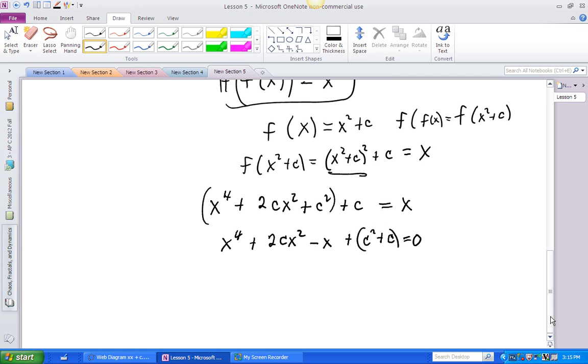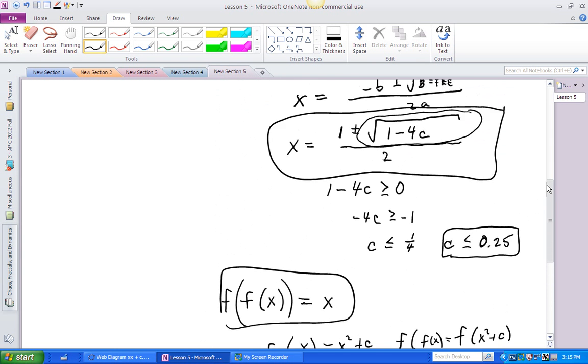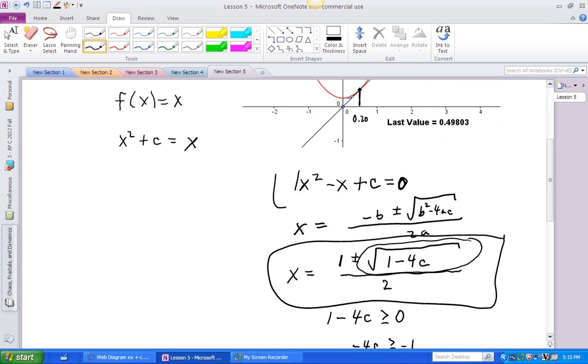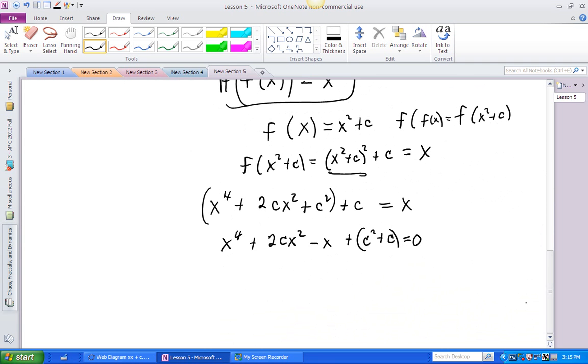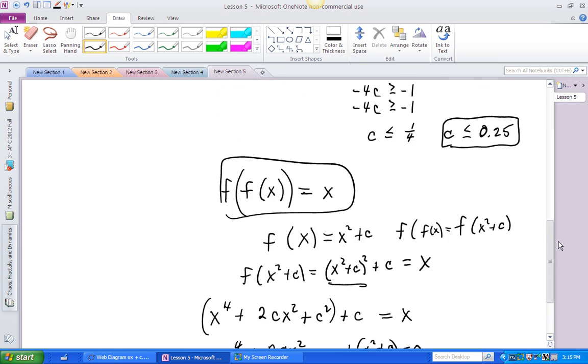What I mean by that is, I know that x squared minus x plus c equals 0 is a solution to this, because if it's a 1-cycle, then it's also going to be the same on the 2nd cycle. So the solutions associated with that are built in here.